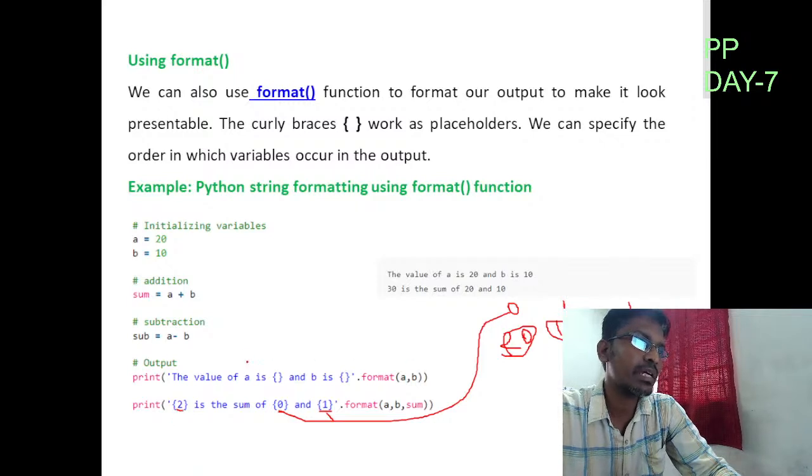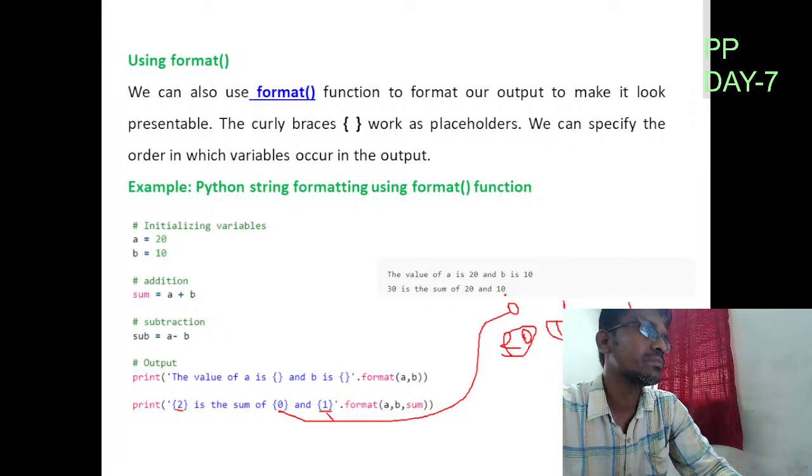So that's why I got the output: 30 is the sum of 20 and 10. I hope you understand what I am saying. So the curly brackets work as a placeholder. It will hold some index number or some value. By using the format function, you have to write the output function, that is the print function in Python.